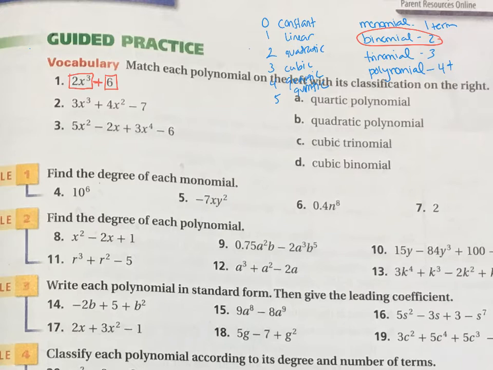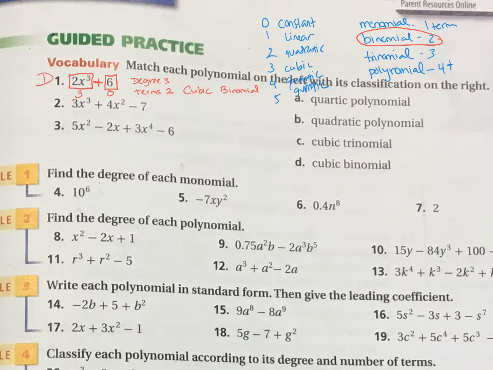This train car has a degree of 3, and the 6 doesn't even have a variable, so that's a constant. It's a degree of 0. So I know that it's a degree 3, and for the terms, the train cars, it has 2. So the name would then be a cubic binomial. So this one is D.